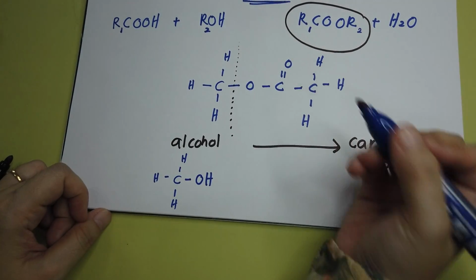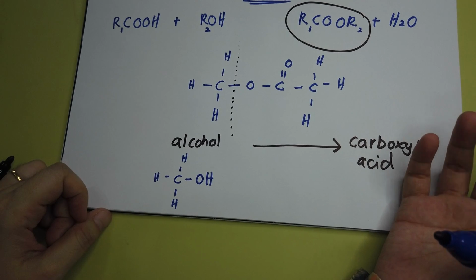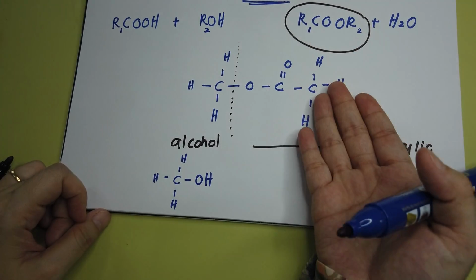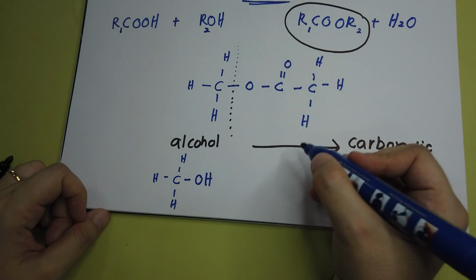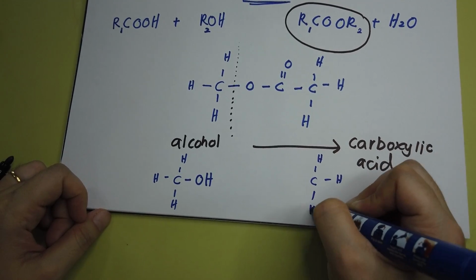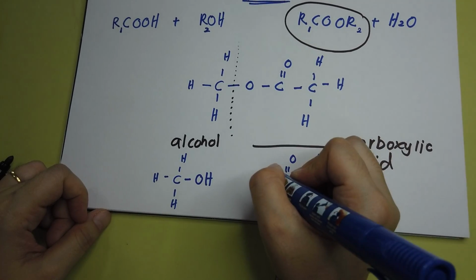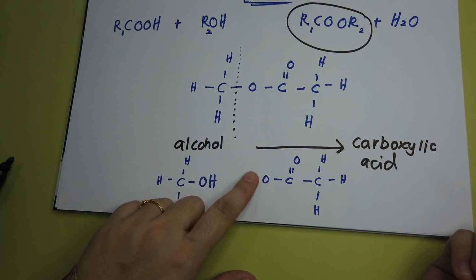For the other part, how are you going to know what originates it? You just copy it back: C double bond O, O. What should you put around here?